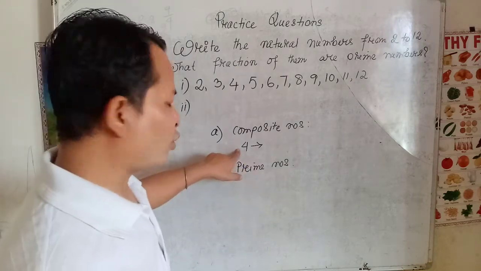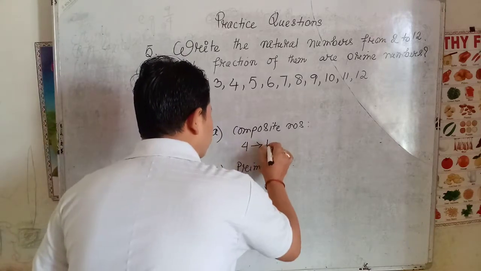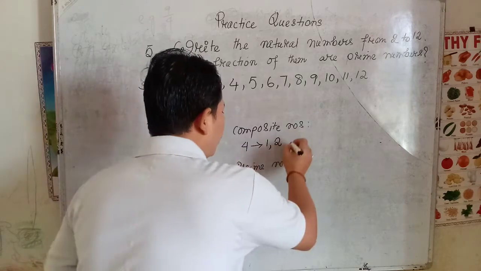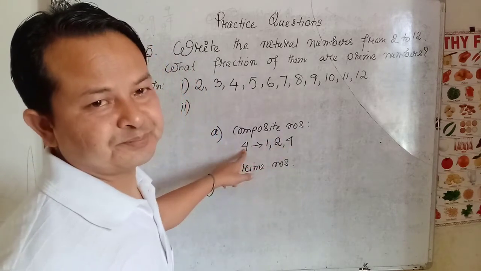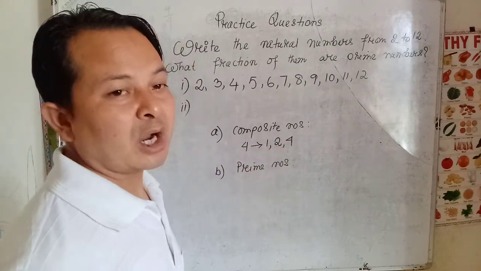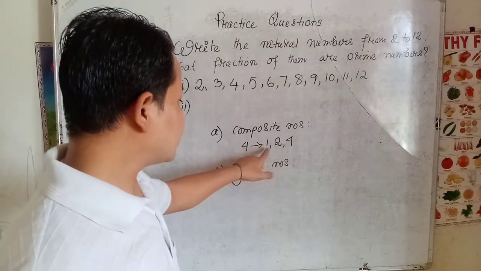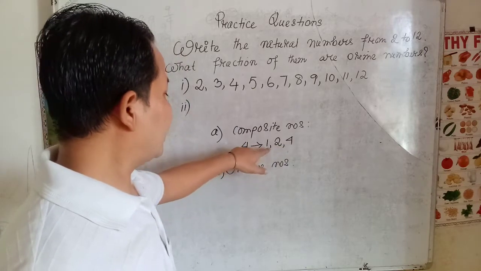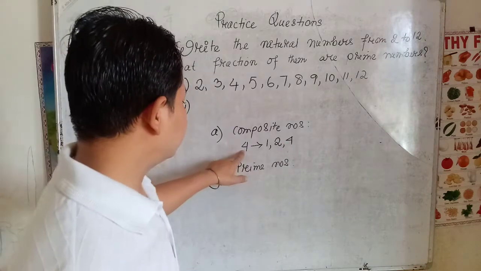So this number 4 can be divisible by 1. That means 1 can divide 4, 2 also can divide 4, and 4 can divide 4. That means these numbers 1, 2, 4 are called factors of the given number 4. Why? Because these numbers 1, 2, 4 can divide this number 4.